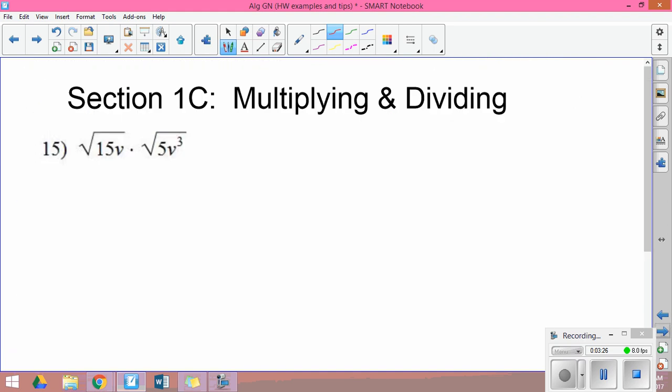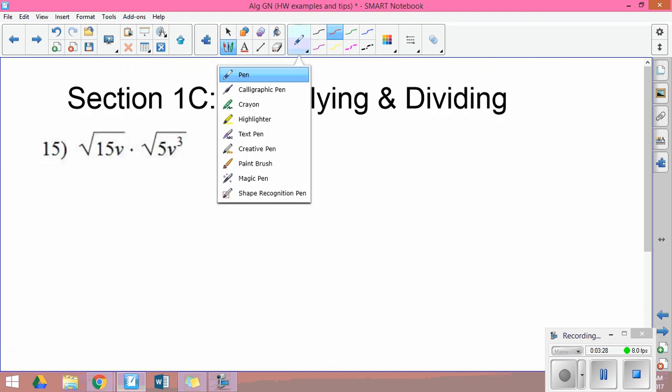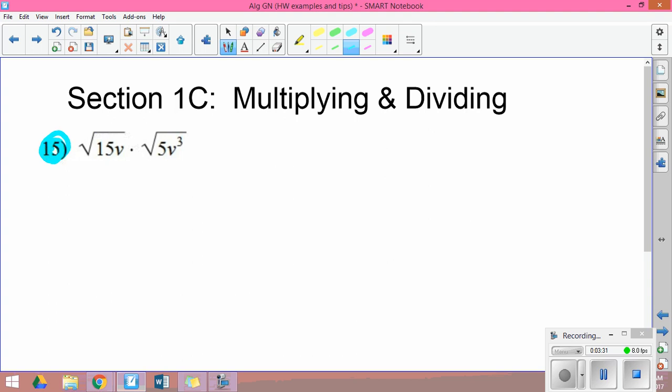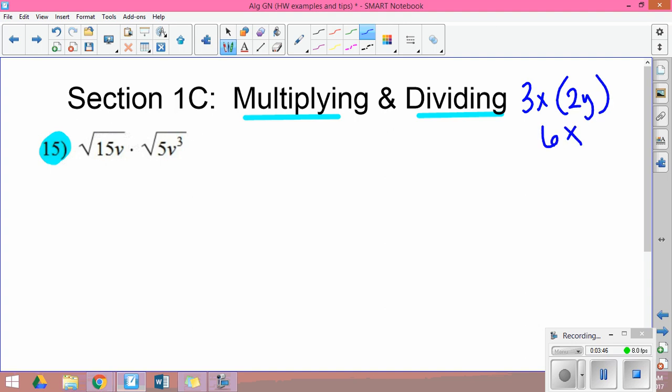If we jump down to the next section and take a look at number 15, multiplying and dividing, the rules are a little different. Much like variables, if you have 3x times 2y, you can combine this as 6xy.